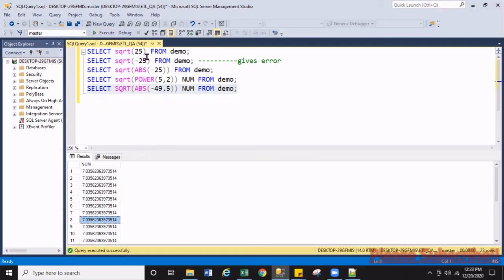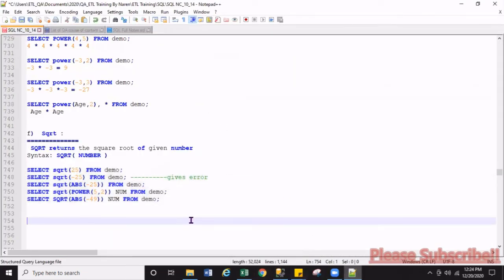Like 250.99, what is the square root of that? About 15. So the square root function is used to get the square root of the given number. If the number is negative and you really want its square root, convert it to positive using the ABS function and then do the square root.